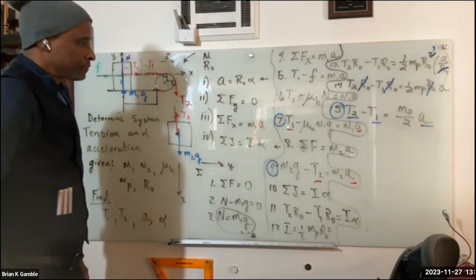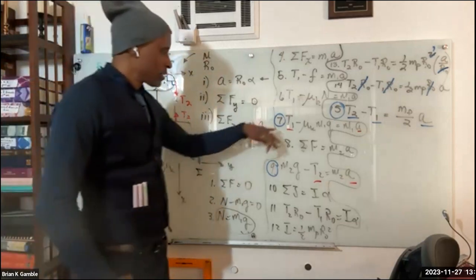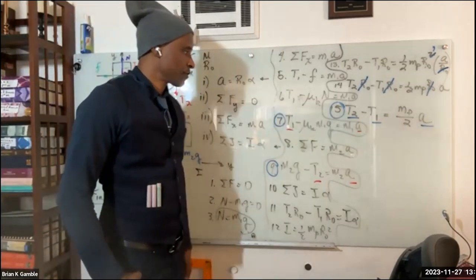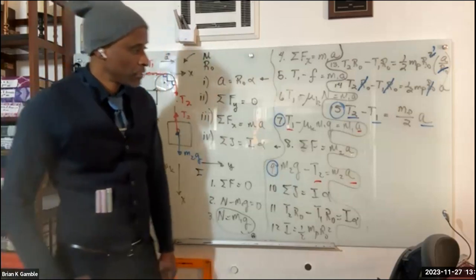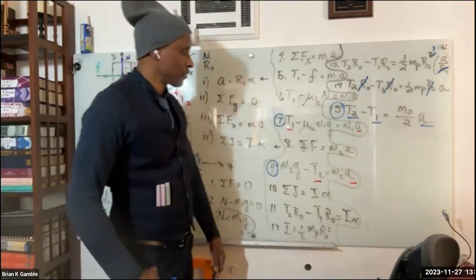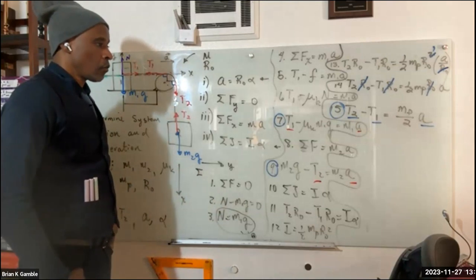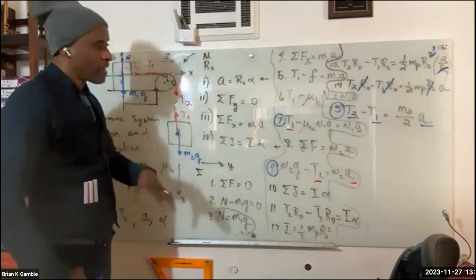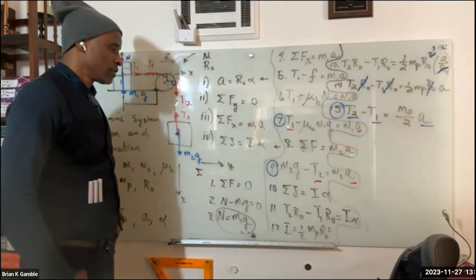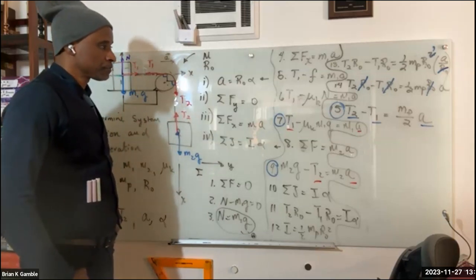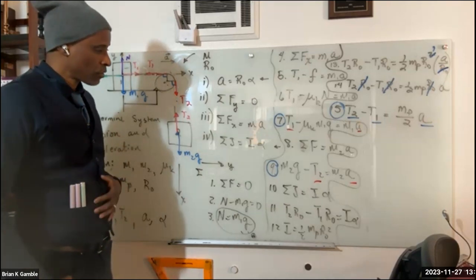Basically, I take equation 7, substitute it into equation 15, solve equation 9 for T2 and substitute into equation 15, and then solve for A. Once I have A, I go back and put that in to get the analytical solutions for T1 and T2. So I want to give you some time to work on that.